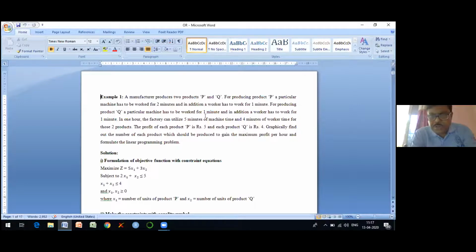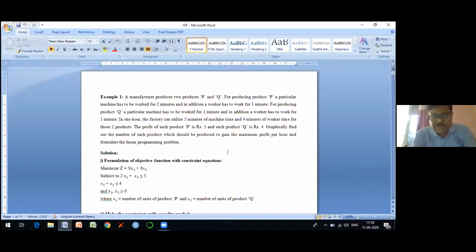For producing product P, a particular machine has to be worked for 2 minutes, and in addition, a worker has to work for 1 minute. So if we want to produce 1 unit of product P, then we require 2 minutes in the machine and 1 minute of labor.